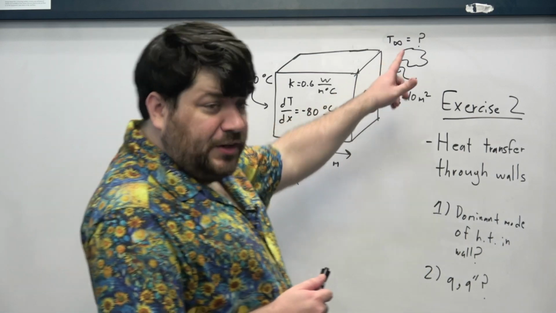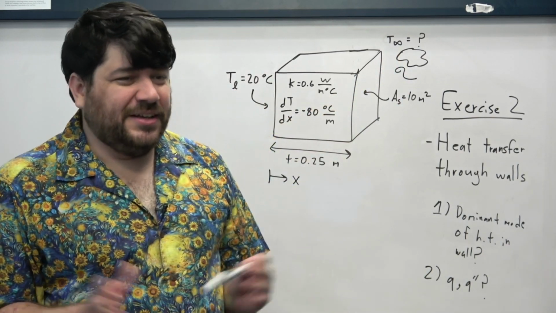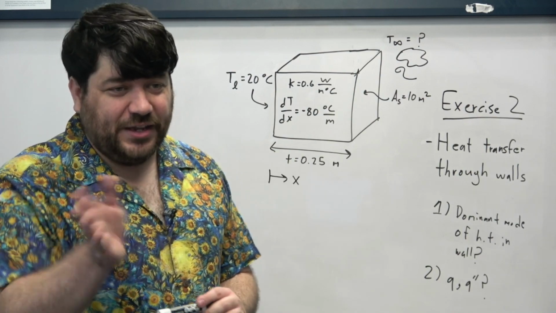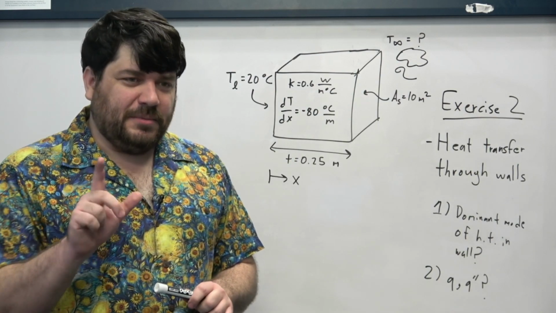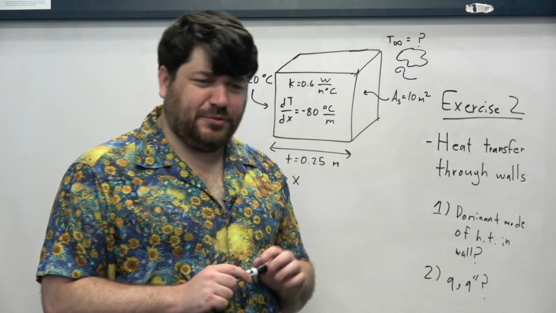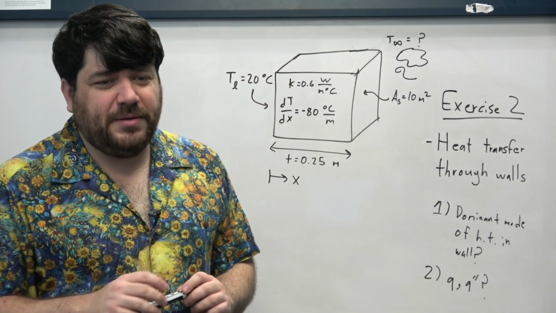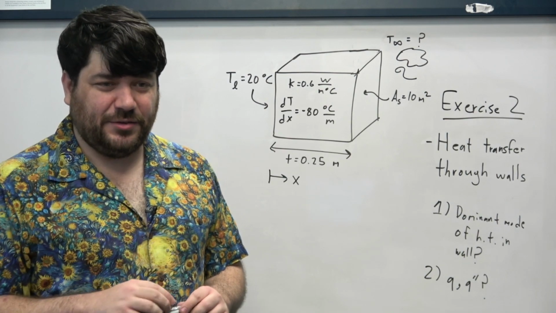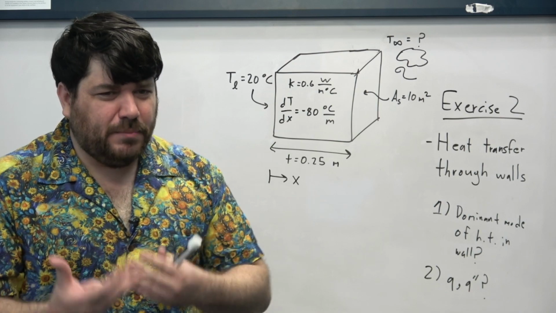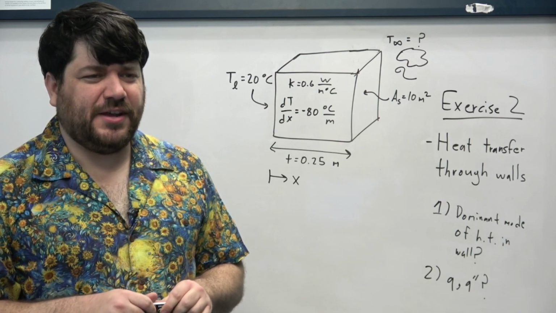We don't necessarily know the temperature of the surrounding environment. Can we find it based on just the information that we have here? And the answer is yes, we'll eventually do that. But the first thing that we have to do before we even get to that is a simple conceptual question, which is what is the dominant mode of heat transfer that's happening inside of this wall? And if you think about it in the context of the different modes of heat transfer that we discussed, right?